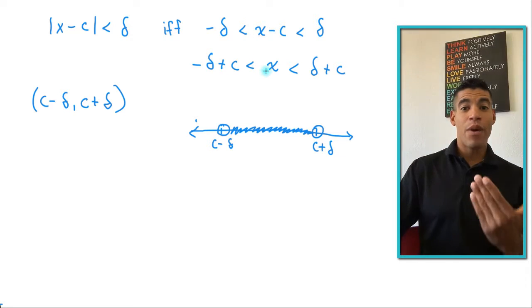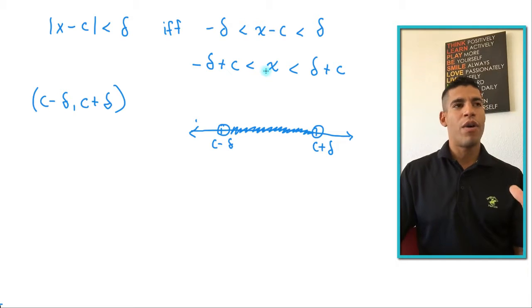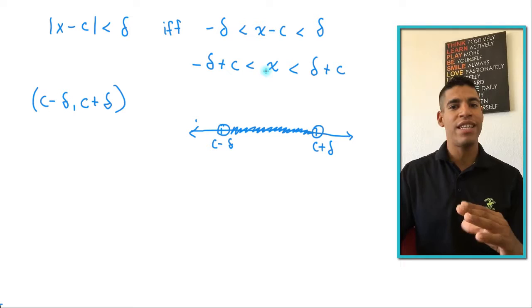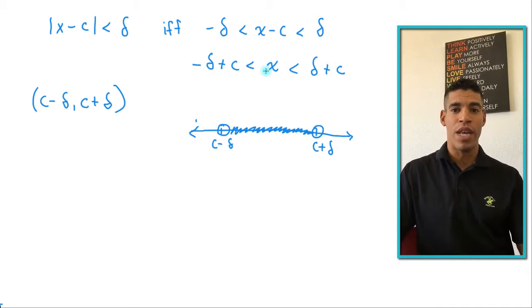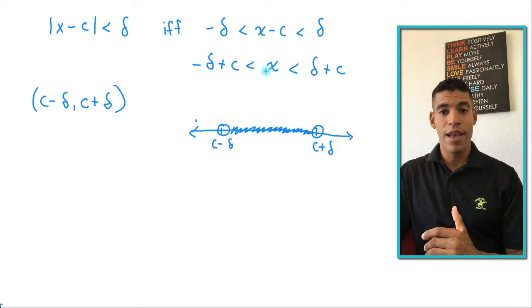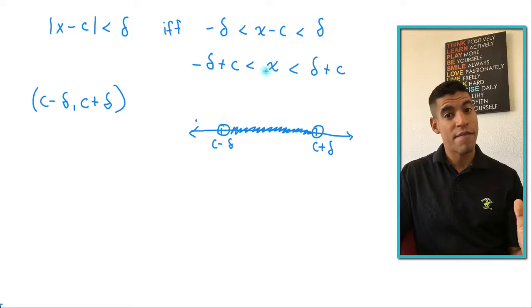So now that we understand the definition of absolute values, it makes more sense. What does absolute value of x minus c less than delta mean? It's just saying that all the values of x that are between c minus delta to the left and c plus delta to the right. Okay? And c, remember, is a real number. It's a constant. It's a fixed real number.